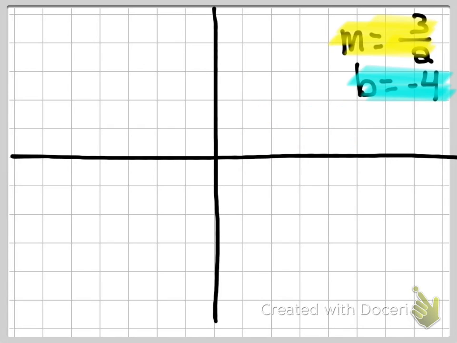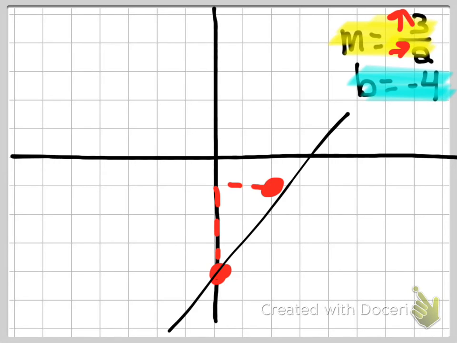So I look at -4 here. That tells me to start from the middle and go 4 down. 1, 2, 3, 4. That's my first dot. And then the slope tells me where to go from there. I'm going to go up 3 and to the right 2. 1, 2, 3, 1, 2. That'll be where to put my second dot. My line will go through that.